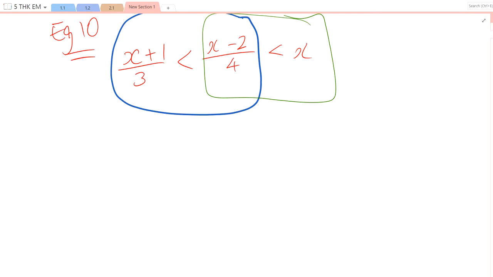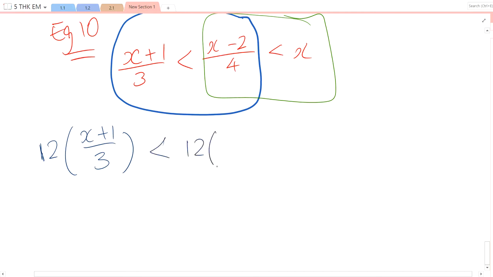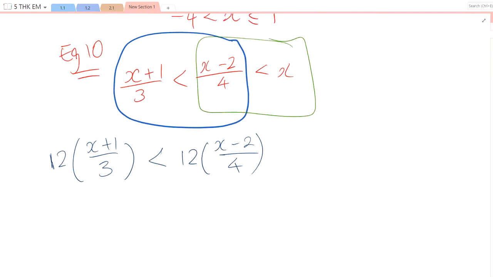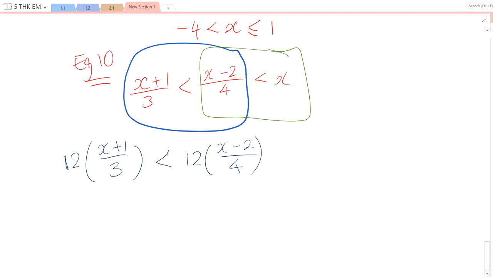In the blue color one, I've got multiplying by 12 throughout. 12 times x plus 1 over 3 is less than 12 times x minus 2 over 4. This is the blue inequality. At the same time, I also have another one in green. 4 times x minus 2 over 4 less than 4x.